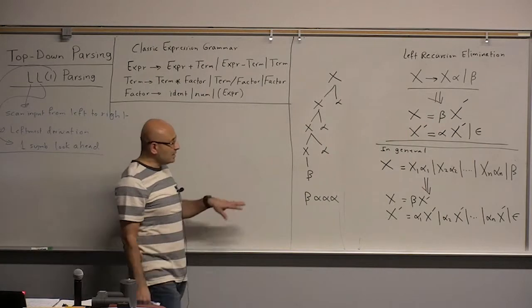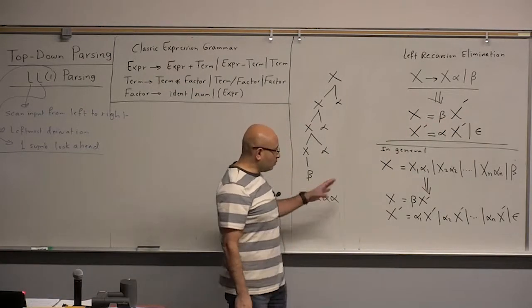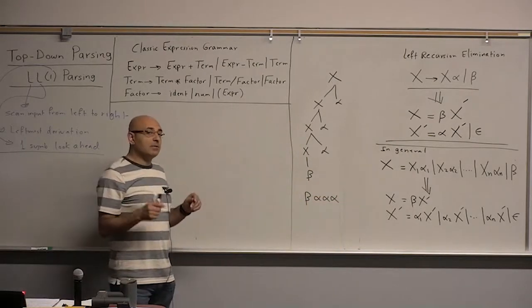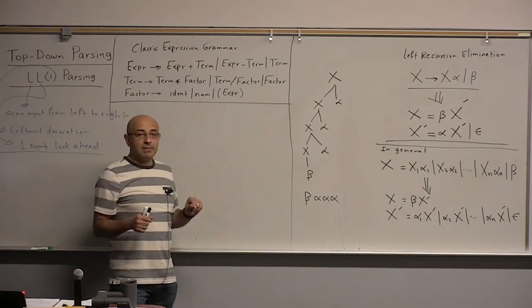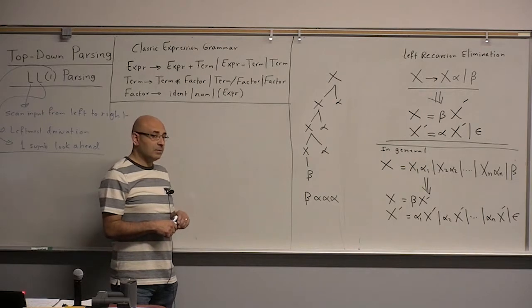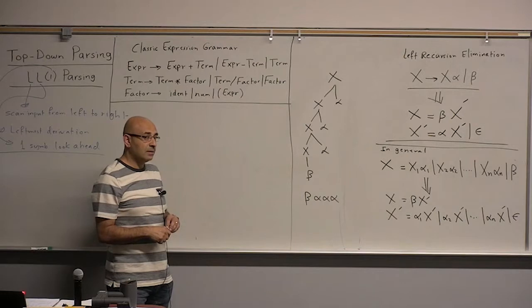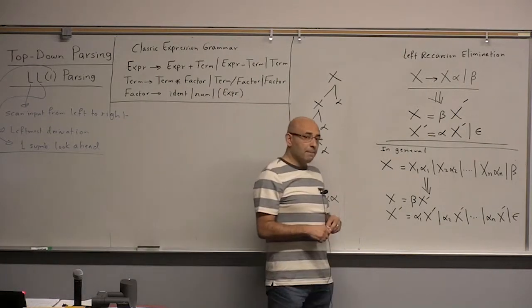Intuitively, why is this right recursive format going to work better with parsing? Remember that parsing is about trying to match an input string with a grammar. So what's the intuition? Because it's not really recursing. It's going more into a loop because you have the first symbol first, which is the beta.